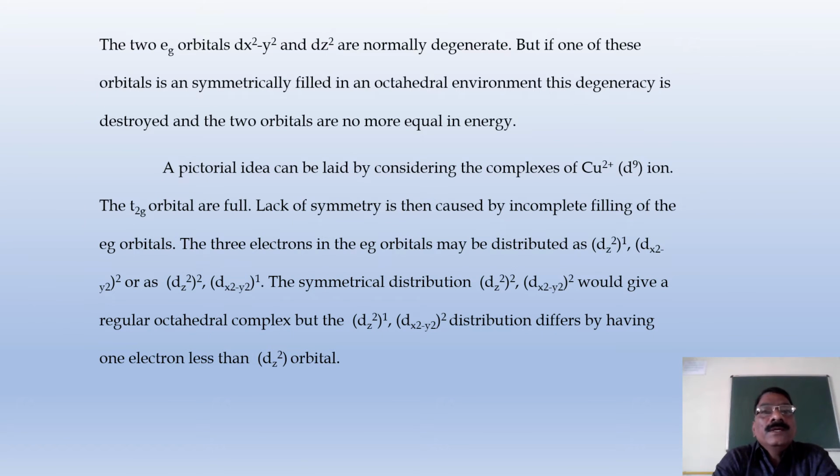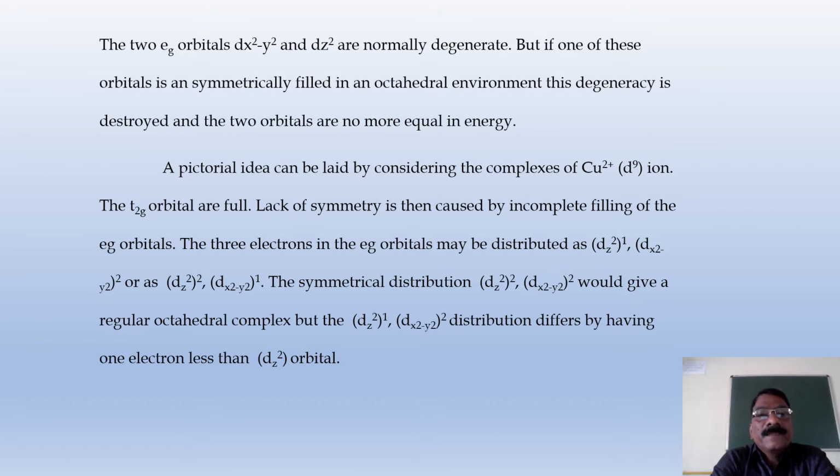The two eg orbitals dx square minus y square and dz square are normally degenerate, but if one of these orbitals is unsymmetrically filled in an octahedral environment, this degeneracy is destroyed and the two orbitals are no longer equal in energy.